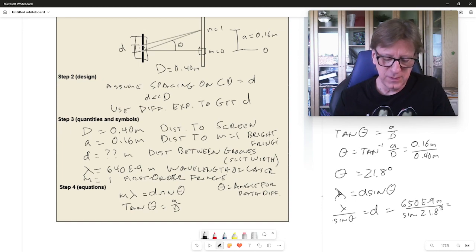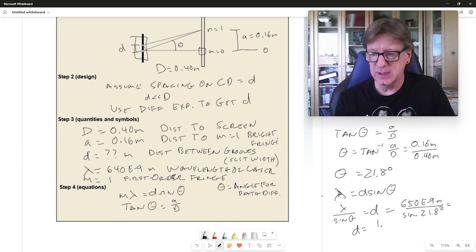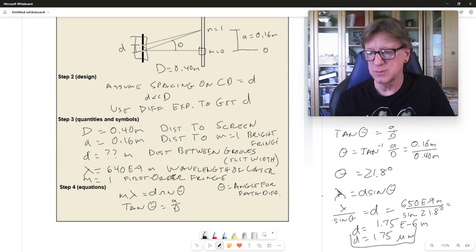And so 650 times 10 to the minus 9 divided by sine of 21.8. And I get that the slit spacing is 1.75 times 10 to the minus 6 meters. In other words, it's 1.75 microns, which is pretty reasonable.